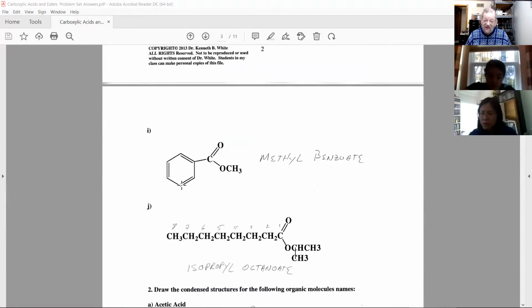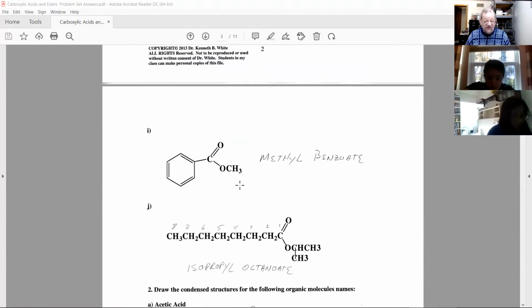Now, when R is not carbons, you have to use the IUPAC method. Pretend the methyl group here is a hydrogen, so this carboxylic acid would be benzoic acid. You drop the IC in the word acid, add ATE, you get benzoate.